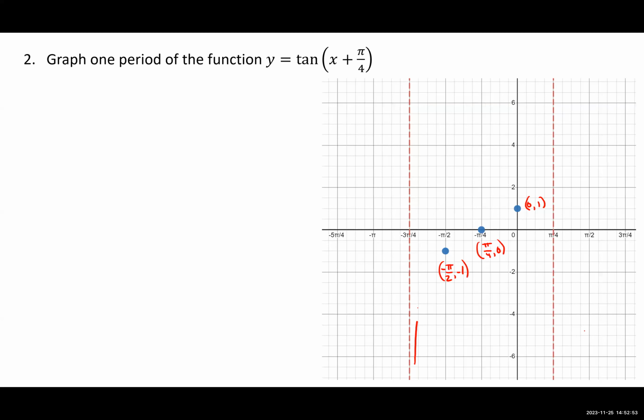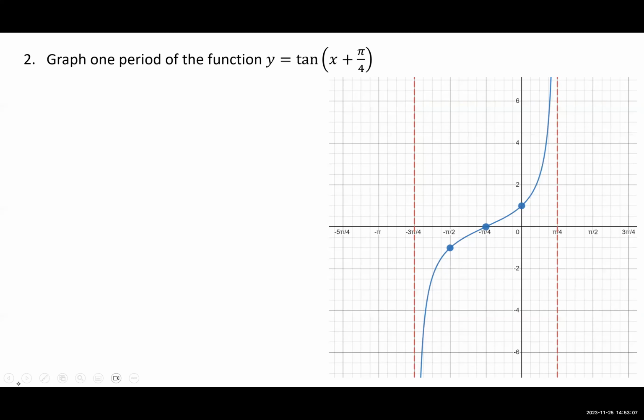And once we have those 3 points, we know the shape of the tangent graph always looks like this. All right, so there's our final graph.